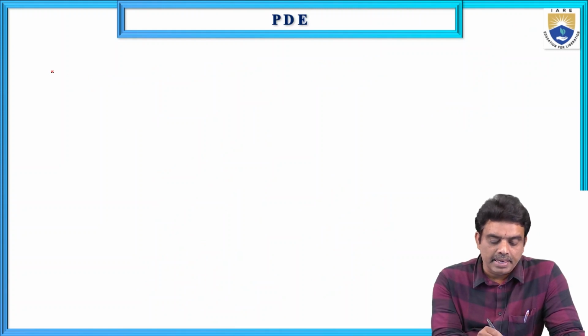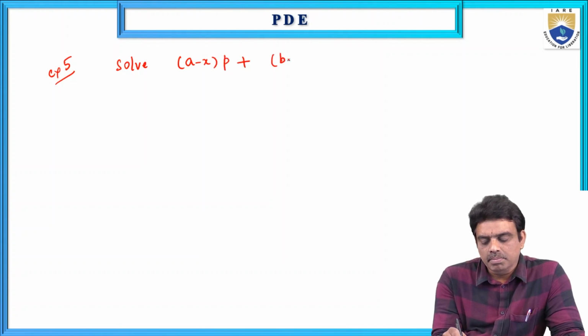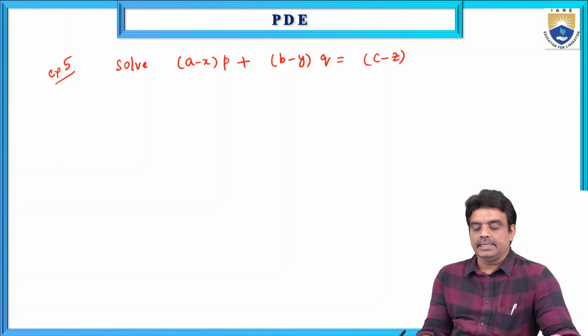Example number 5. Solve (a minus x) into small p plus (b minus y) into small q is equal to c minus z.